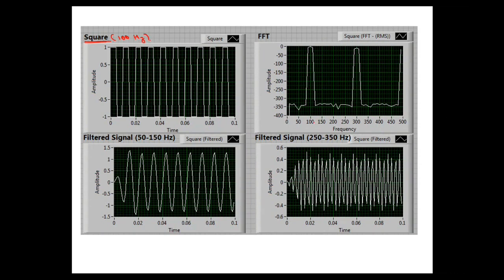So we get a peak at 100 hertz, we get a peak at 300 hertz, and then we get another peak at around 600 hertz and so on. So over here, what we are seeing is that at regular intervals, we are getting a peak. So what are these?